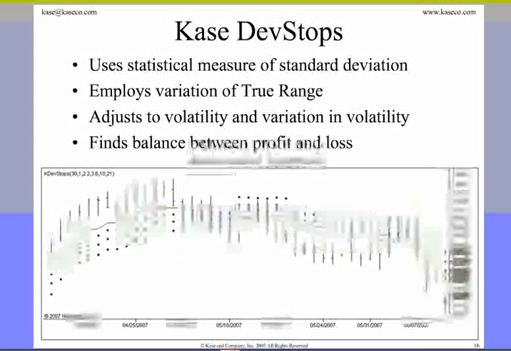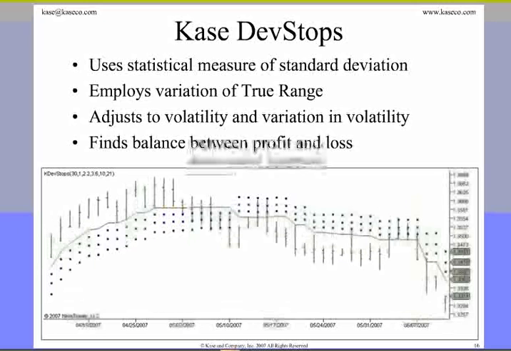There were problems with using an average true range with the multiple that we'll discuss in a minute. The other one that I kind of liked 20 years ago was the parabolic. But just like the stochastic, you have to keep adjusting a parabolic as you're trading. So I wanted to find something that would adjust automatically to market conditions and would let profits run.